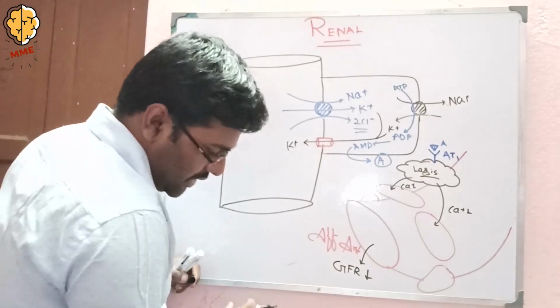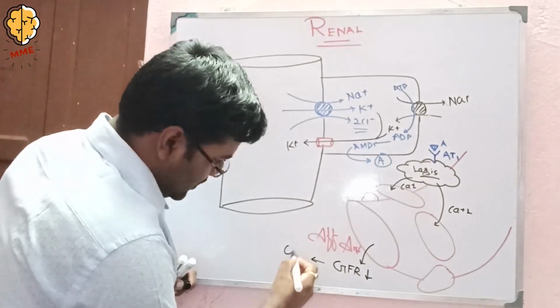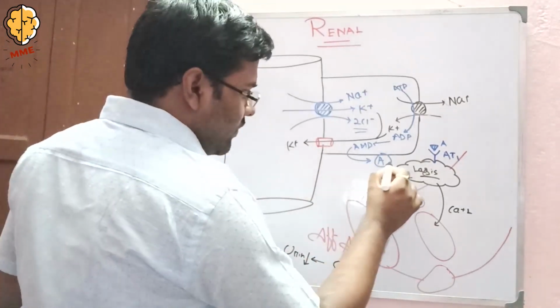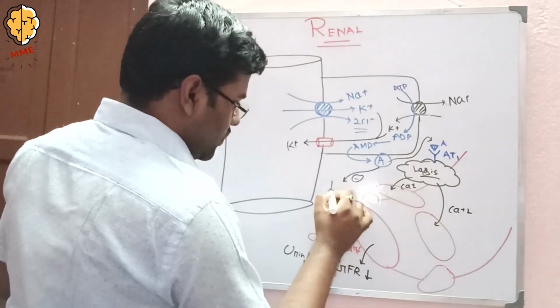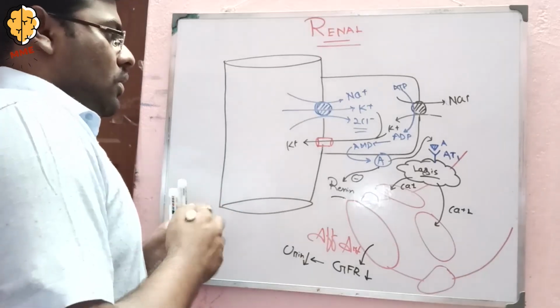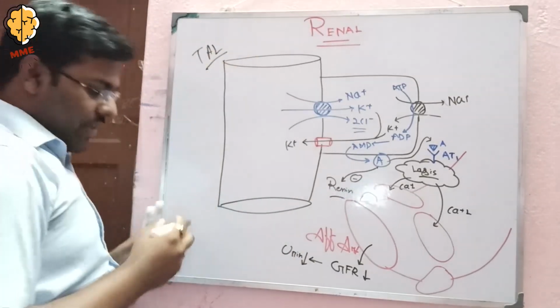If the GFR is decreased, then the urine production will decrease. Adenosine also has a negative feedback on renin. So this is our loop of Henle.